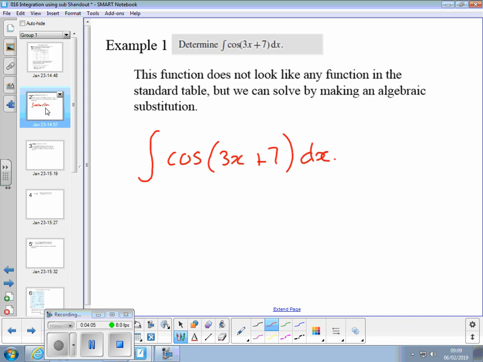The method is that we let u equal 3x + 7. We then differentiate that. So we say, therefore, du/dx is equal to... how do we differentiate 3x? It becomes 3.